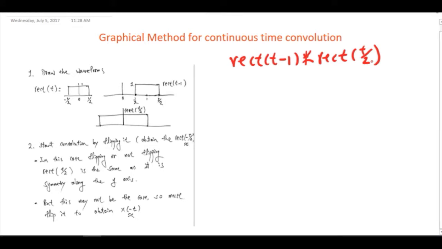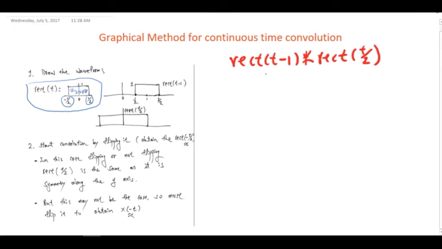Basically, what is a rectangular function? It starts from minus half to positive half, and then goes to 1. So the whole area is equal to 1. Basically, it is a kind of rectangular function.